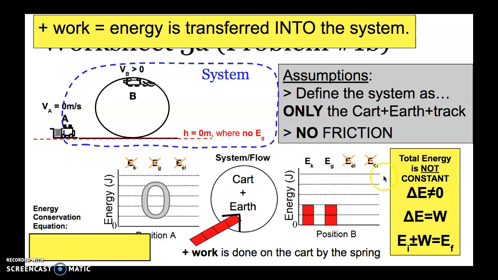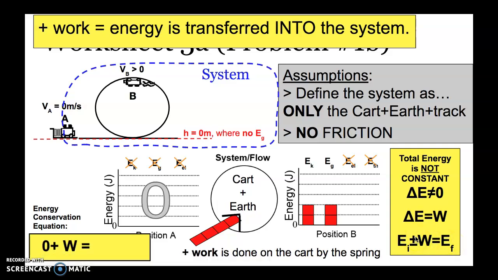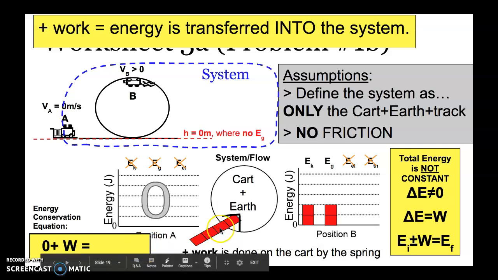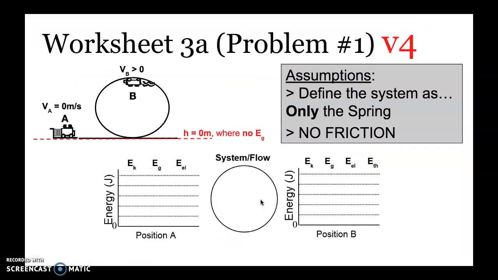We call that change work. And that means that the energy initially plus or minus any work has to equal the final energy. So in this case, we had 0 energy. We had positive work because energy came into our system, and that leaves us with kinetic and gravitational energy in the end.